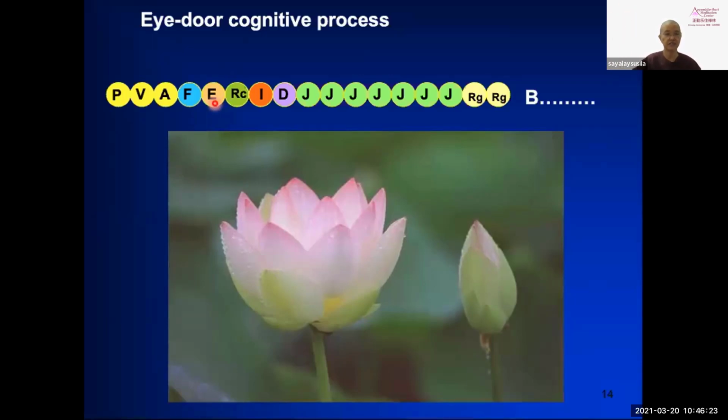Eye consciousness is resultant consciousness, so also no karma involved. It is followed by receiving consciousness. Receiving consciousness is resultant consciousness. It receives the visible object.